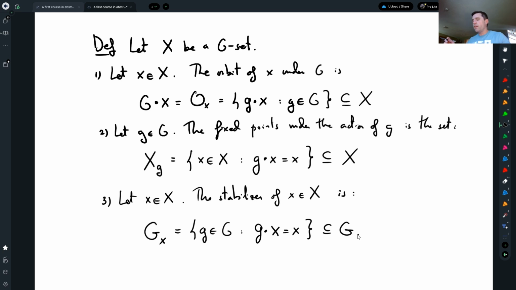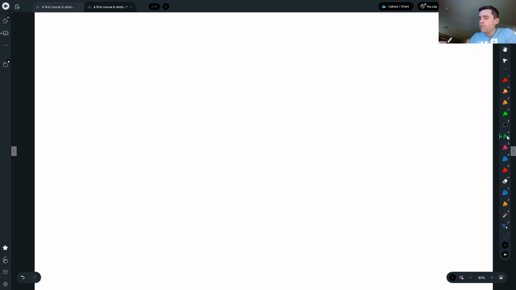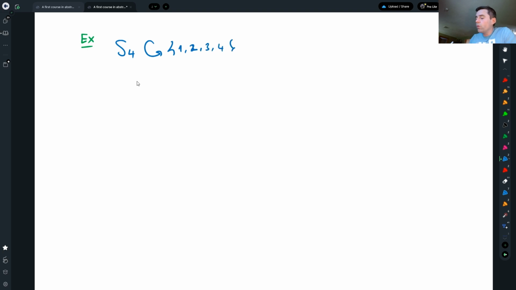So let's again see an example of all of these concepts, the orbit, the fixed points, and the stabilizer. For example, S4 acting on 1, 2, 3, 4. Let's see, first of all, what is the orbit of 1?